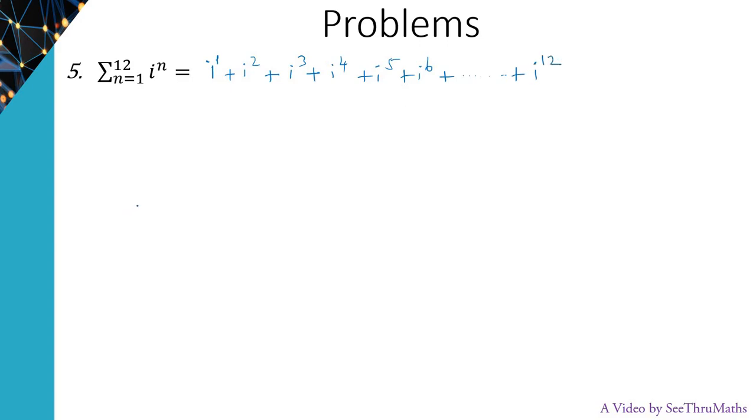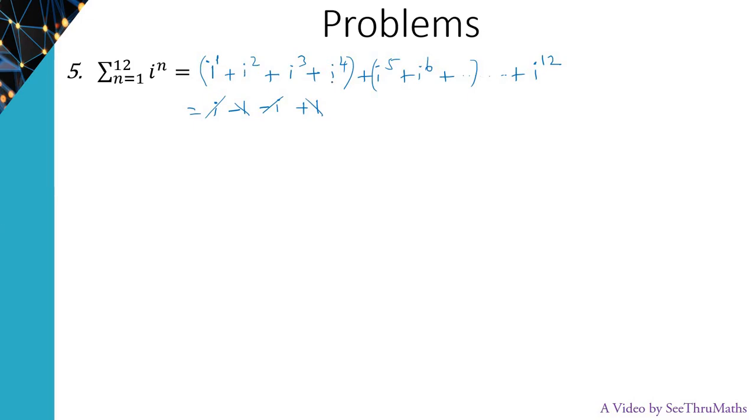We have already studied one thing. i^1 is i, plus i^2 is -1, then i^3 is -i, then i^4 is equal to +1. If we club everything into 4 terms, what do we get? i and -i cancel. -1 and +1 cancel.